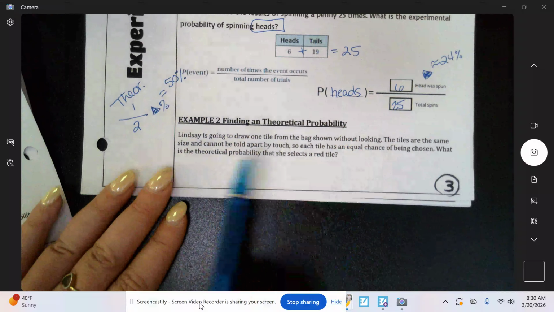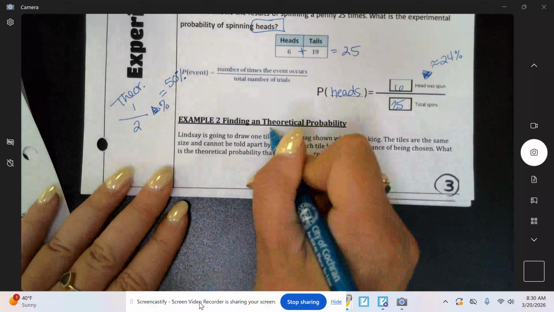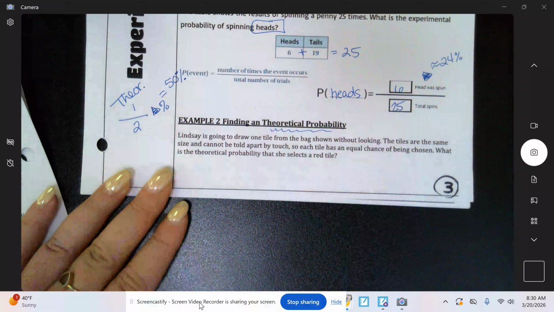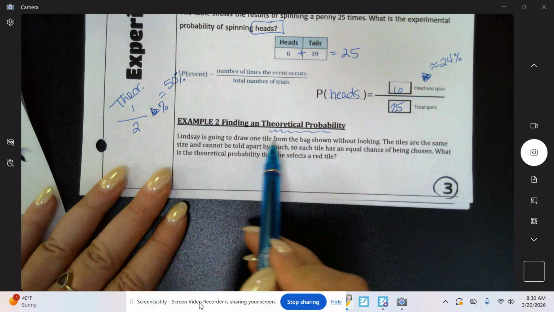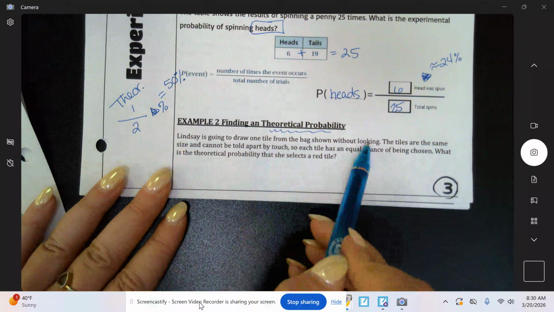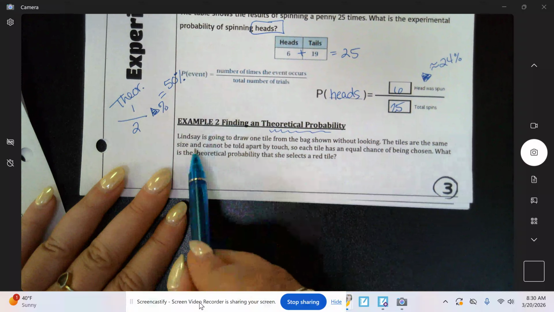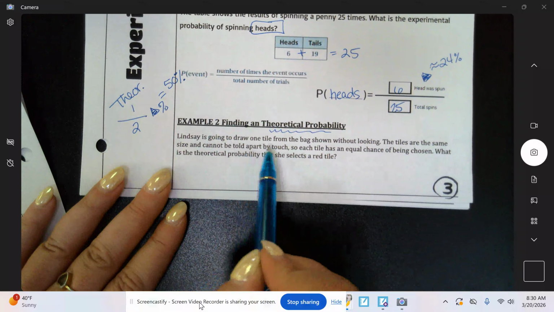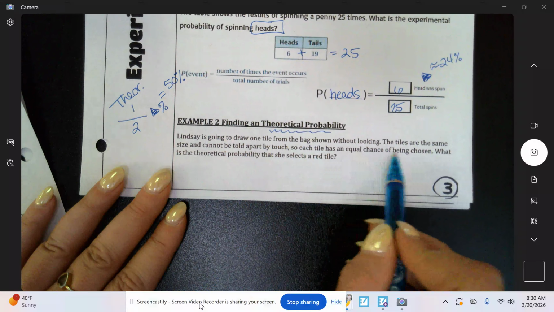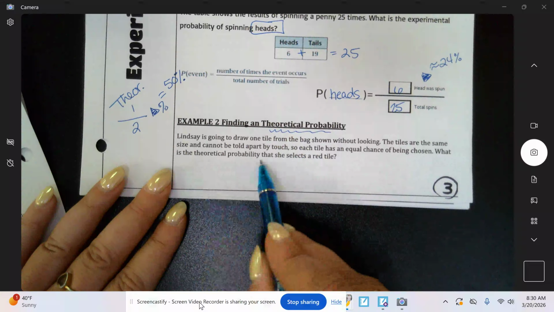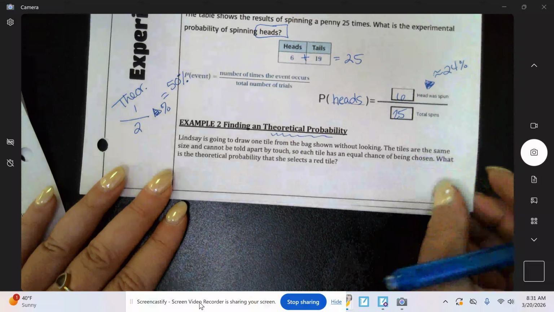Alright, example 2. Now we're finding theoretical probability. She's just going to think about the options. Lindsay is going to draw 1 tile from a bag without looking. The tiles are the same size and cannot be told apart by touch. So each of the tiles has an equal chance of being chosen. What is the theoretical probability that she selects red?